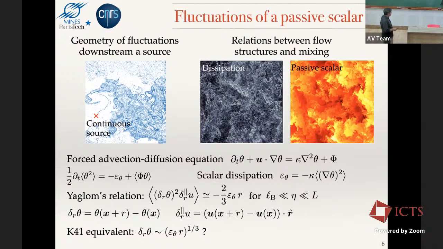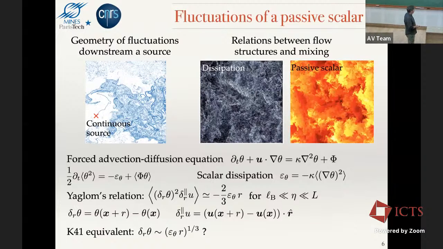Delta theta will itself be like r to the 1/3. You agree? If delta theta is like r to the alpha, here you have r to the 2 alpha plus 1/3, and this has to be like r, which gives alpha equal to 1/3. So this is the self-similar version of the scalar field.